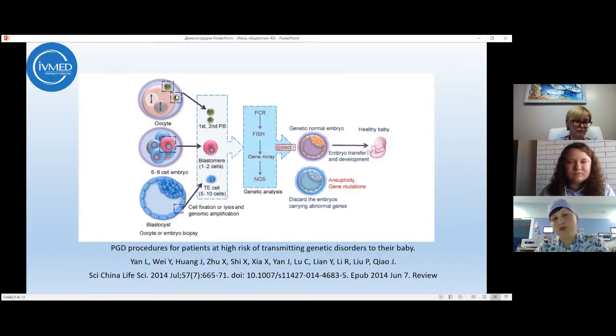Now we want to start doing this polar body biopsy on a regular basis to check our donor oocytes. It will be very important because we can propose to our patients oocytes with really good genetics that are already tested.